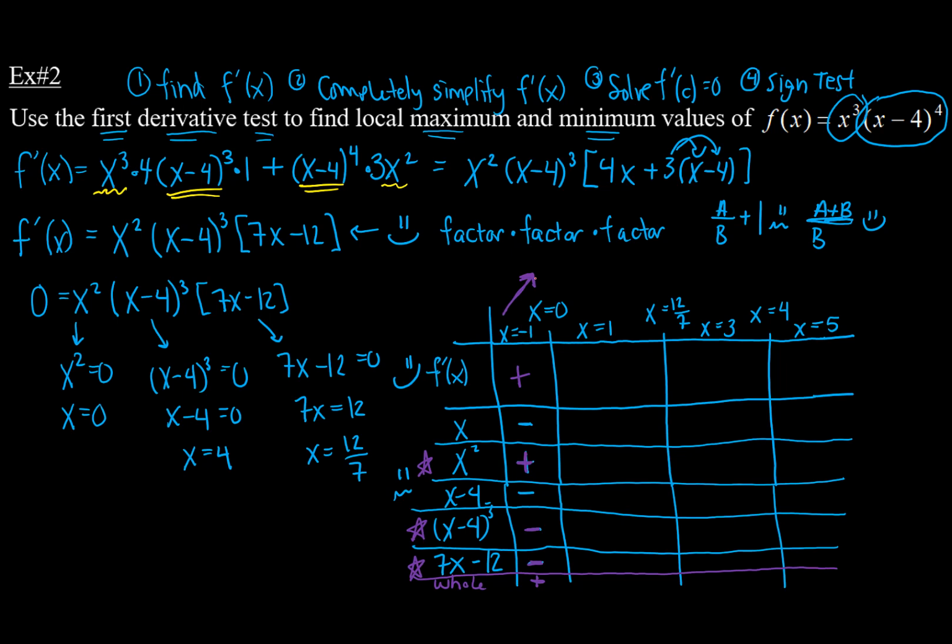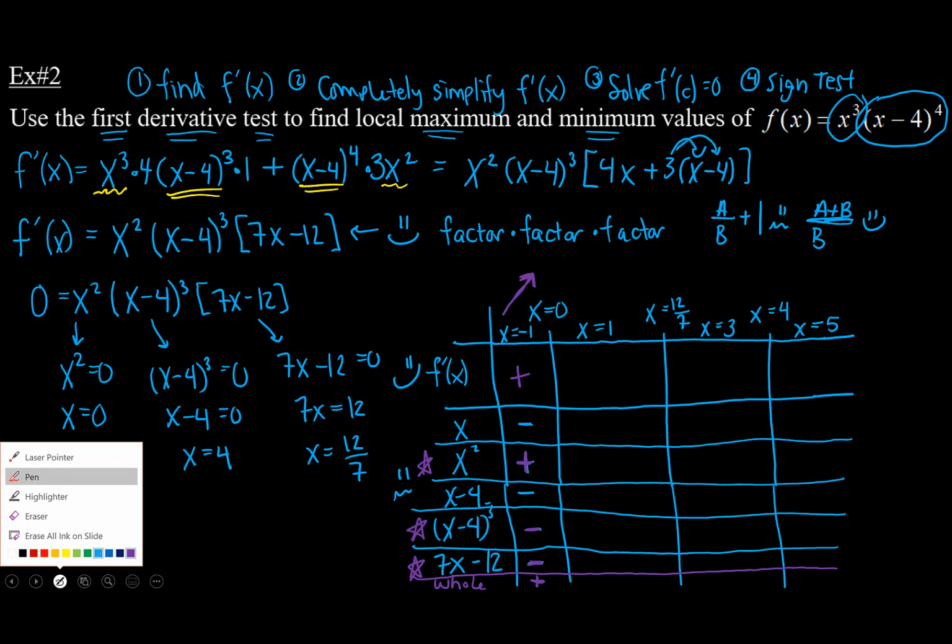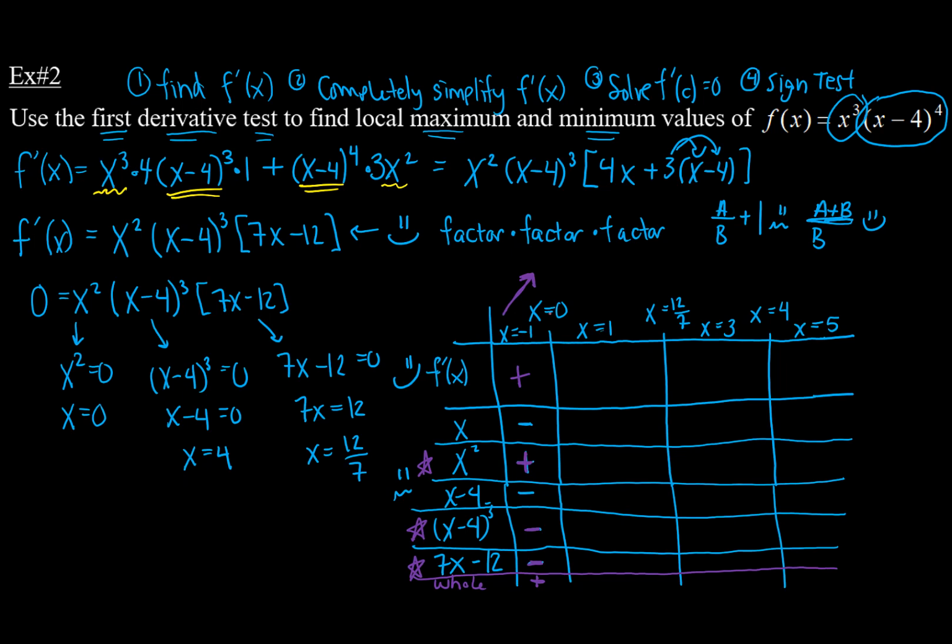All right, now let's plug in 1. This is my test value between the critical numbers 0 and 12/7. If I plug +1 into x, I get a positive number. Plug it into x squared, I get a positive number. Plug it into x minus 4, I get a negative number.